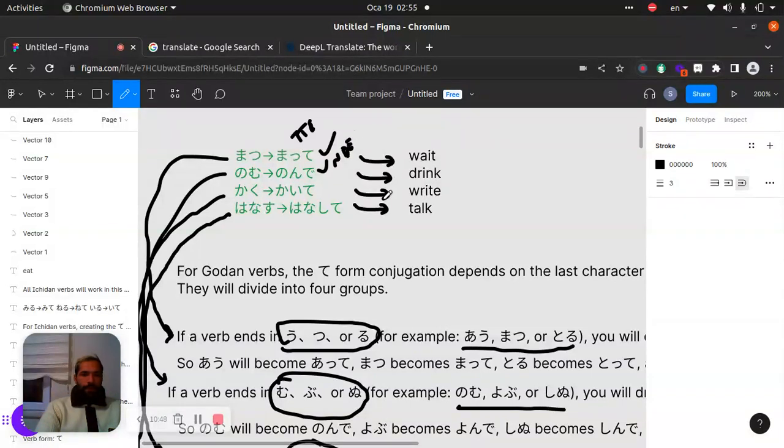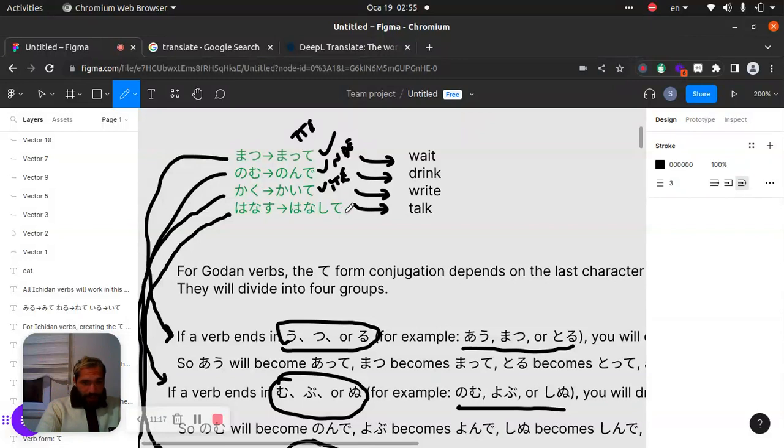Yes, this is nde. And here we have kaku. It will be ite. In this case, we're adding here ite. And the last one is hanasu.